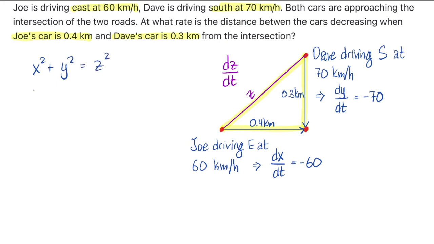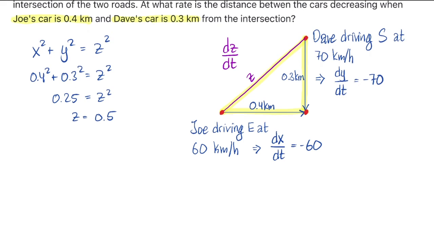So this is going to be 0.4 squared plus 0.3 squared equals z squared. And this is going to be 0.25 equals z squared, and that means that z equals 0.5.